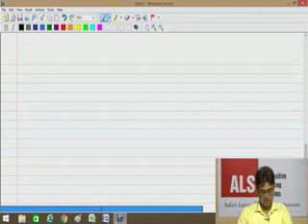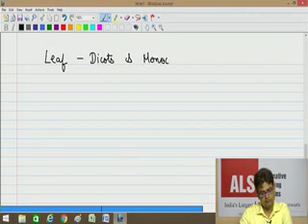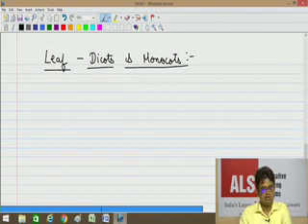Right. So today what we have to do is leaf structure, dicot leaf and monocot leaf.